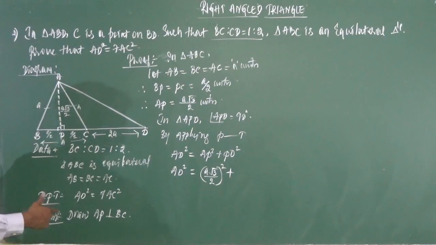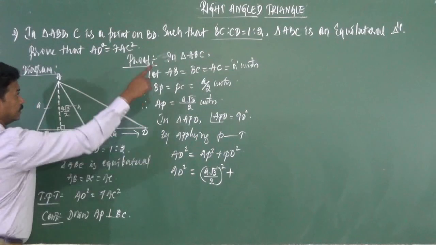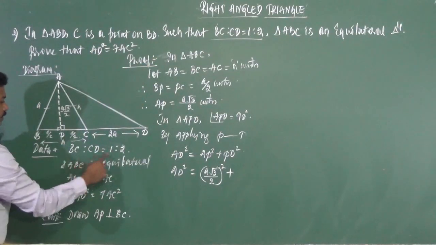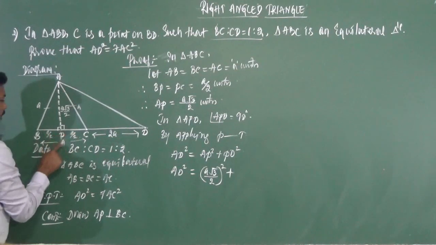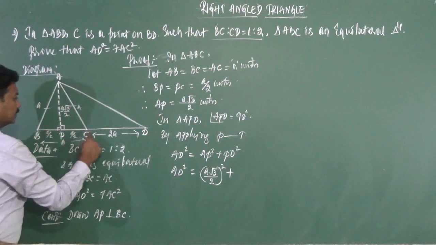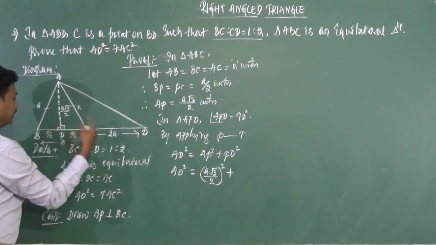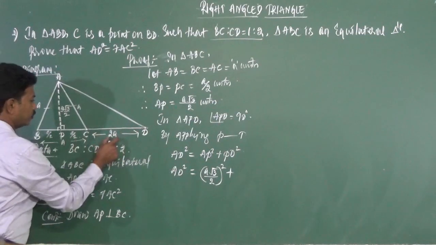Once again, I will repeat this. BC is to CD, they are in the ratio 1 is to 2, according to the data. So if BC length is A, then CD is twice of BC, so CD will be 2A.